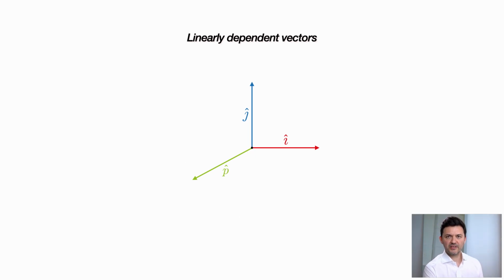So the first thing that I might try to do is to describe the vector p by using unit vectors i hat and j hat. And of course I can do that. I can take negative 0.88 of the i hat, I can take negative 0.47 of the j hat, I can add them together, and this will give me p hat. But this is not the only thing that I can do.